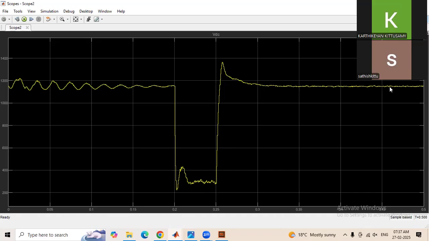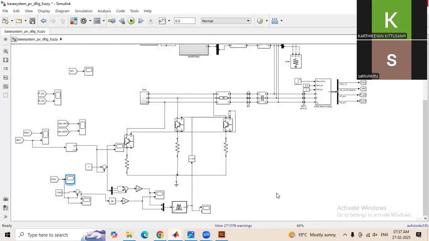That is, we are providing an alternate path to the fault currents. And when the fault is cleared, again it reaches the nominal values. So due to that, the components in the rotor side converter and grid side converter will not be affected.